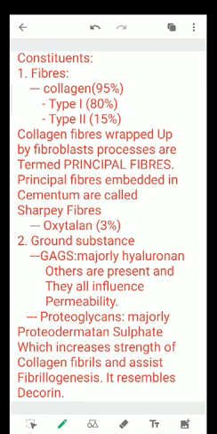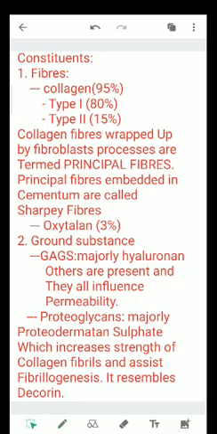Constituents of the periodontal ligament. It is made up of fibers, ground substance, cells, blood vessels, as well as nerve bundles of fibers. Now, for the fibers, we have the collagen fiber and oxytalan. Collagen fiber makes up 95%, while oxytalan makes up 3%. Now, the collagen fibers, we have the type 1 being the major collagen fiber, 80%, and type 3 being 15%.